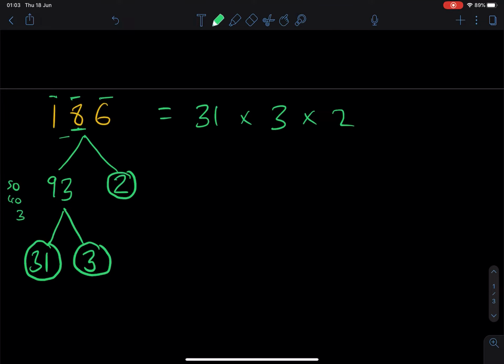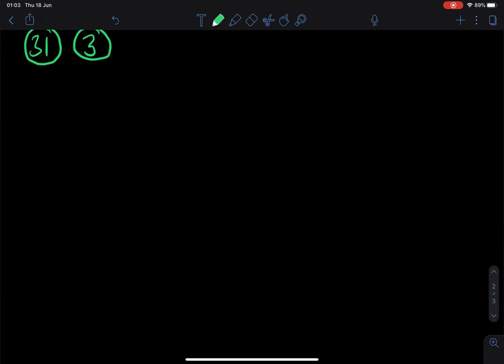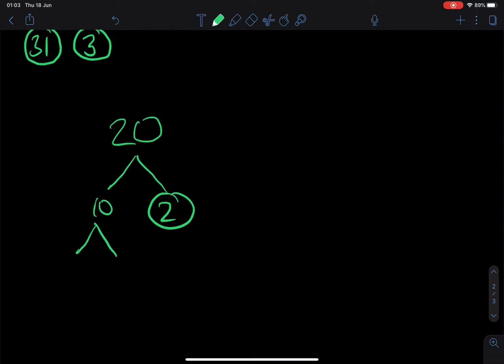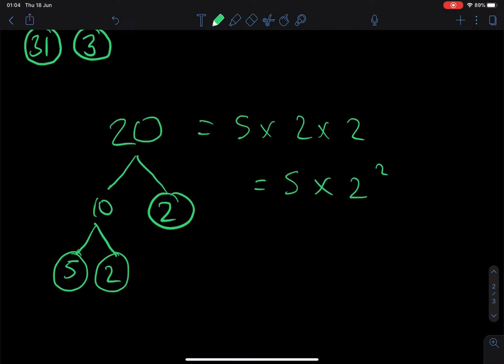If I already know a prime factor decomposition, so for example, if I know that 20 is 10 times 2, 10 is 5 times 2, which is 5 times 2 times 2, or 5 times 2 squared.